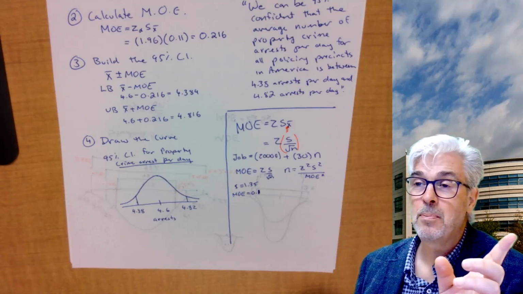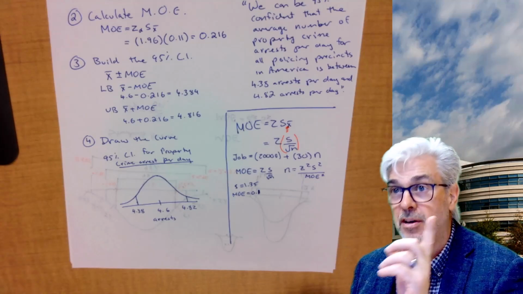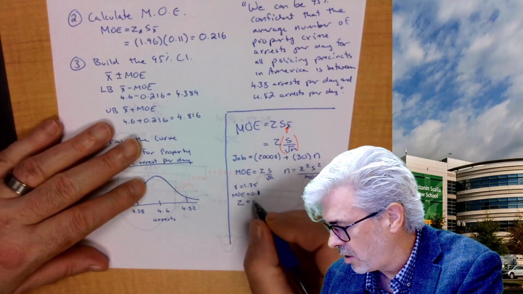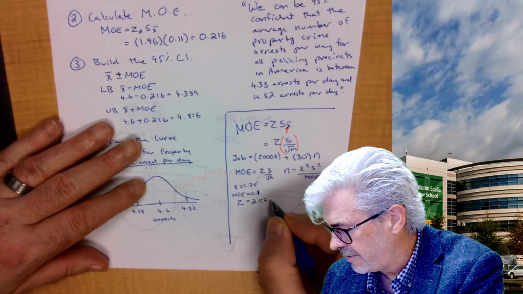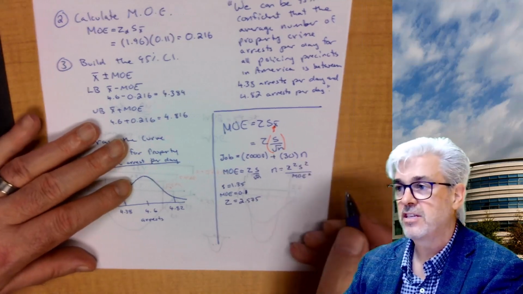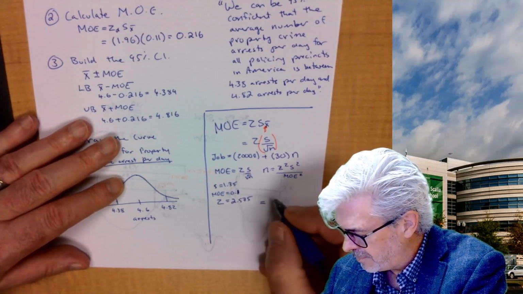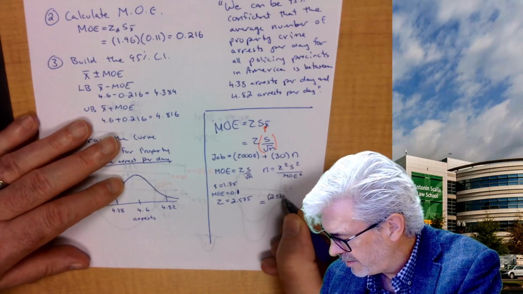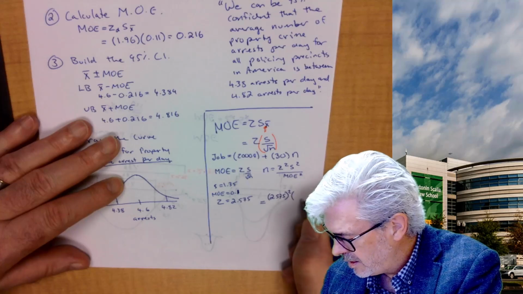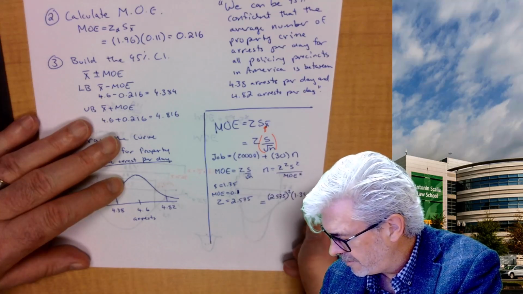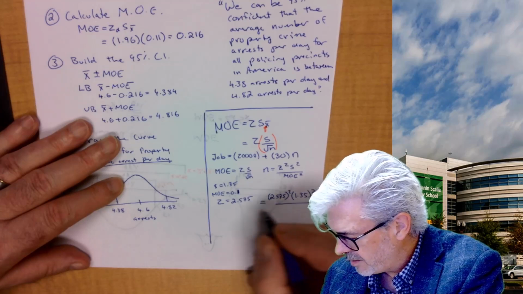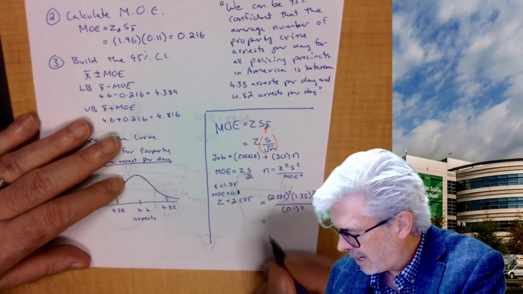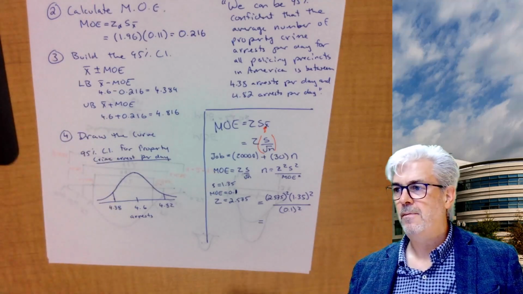So instead of using 1.96 as the z-score, they now want you to use 2.575, the z-score for 99% confidence. And then you would just take this formula, and it's a substitution problem, right? So you've got z of 2.575 squared times s squared, 1.35 squared, divided by MOE squared, which is 0.1 squared. How much sample would you need to collect?